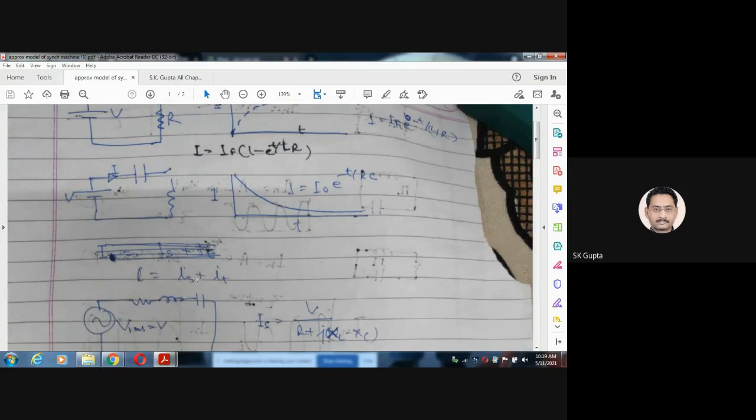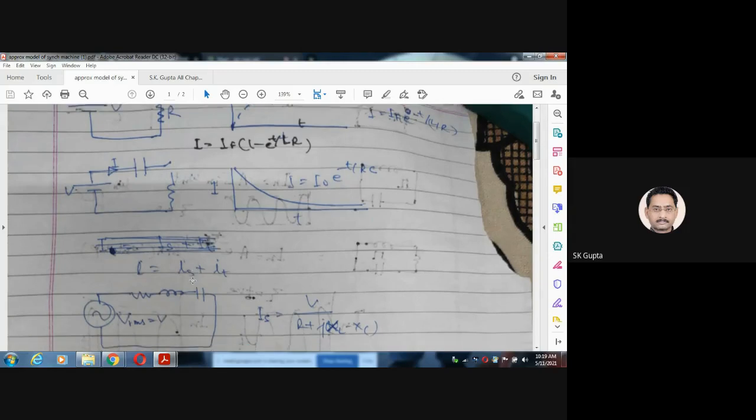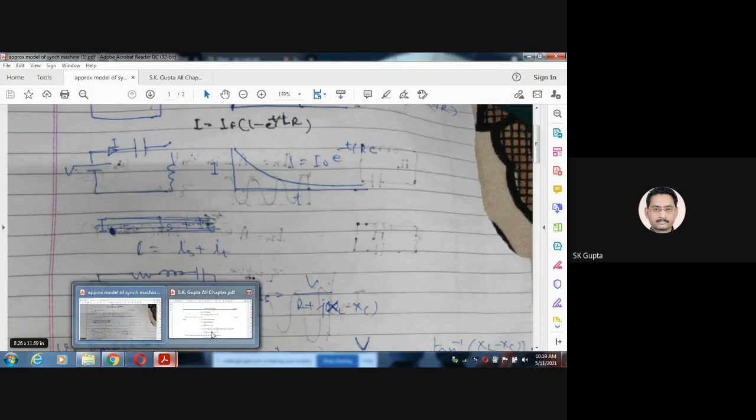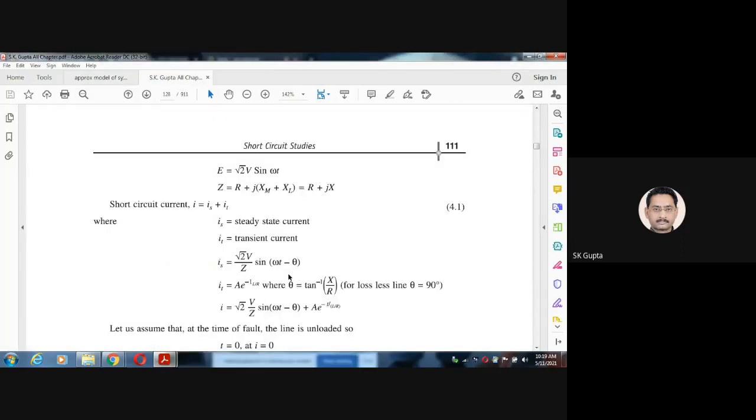Okay. Before going to that, again come to this. So here you see this is the steady state current.